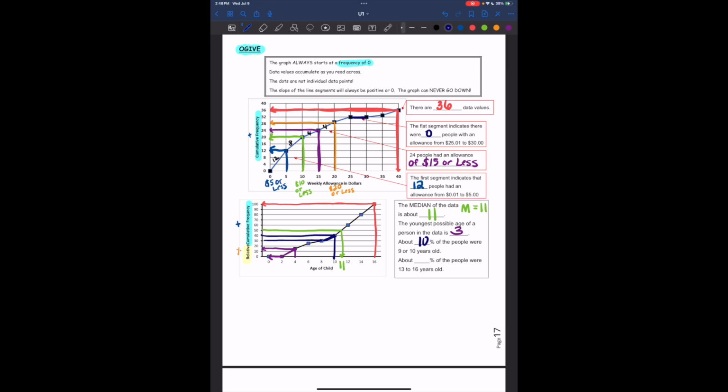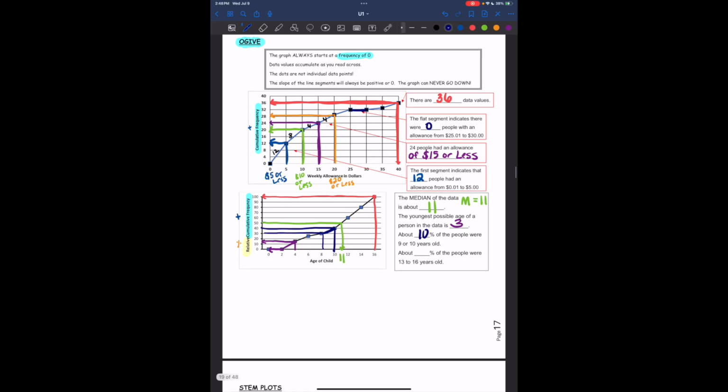And it says, what percent of the people were 16 years old to 13 years old? So here's 16 and less. So we'd have to figure out where the 13 cutoff is. 13 would be like here. Right, because this would be 16 and less.